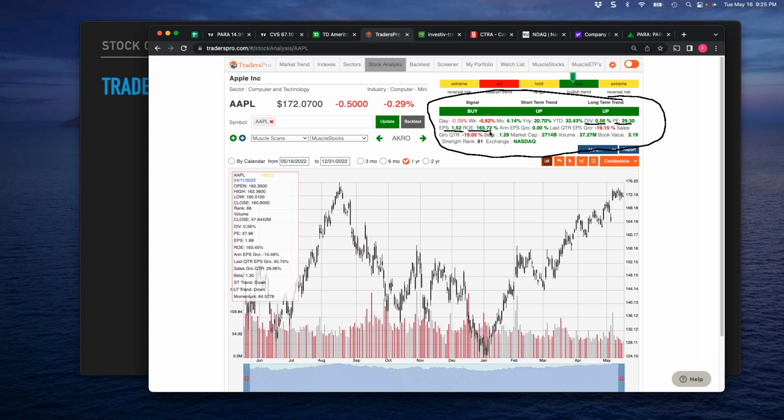ROE is a fundamental metric that is interesting to get an idea of how effective management is at leveraging the various resources available to it to build shareholder value. We can see volume, the current book value, which is interesting, total market cap of the company, and the exchange that they're listed in.